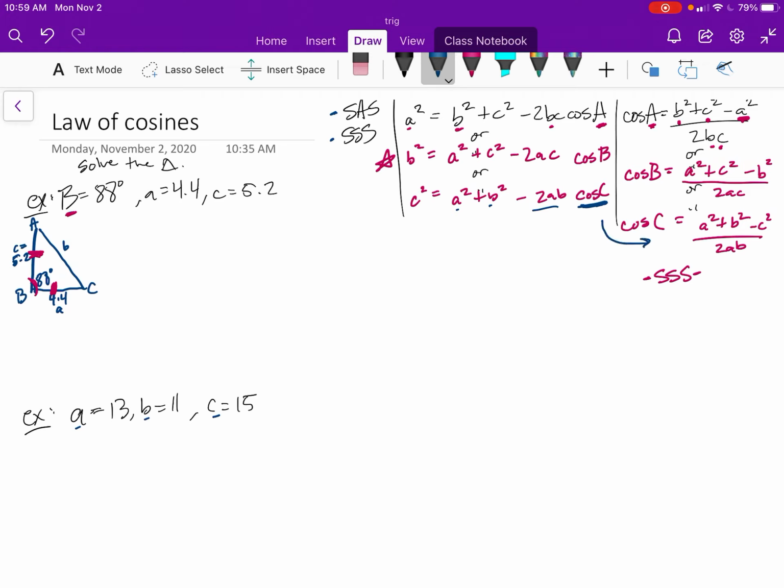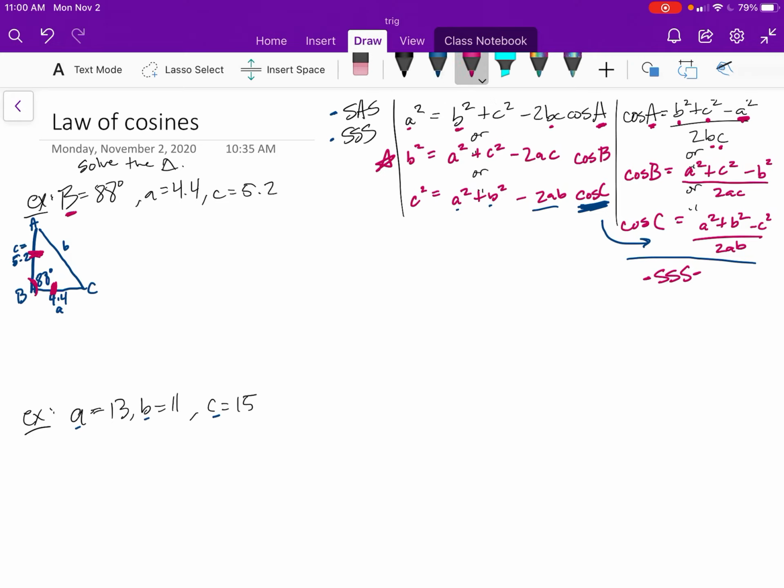That's how they got here. Now when you divide by negative, it flipped it all positive, but it's really easy to show. If I solve for cosine C, I would get this formula over here. All right, enough background. Let's do the problem.